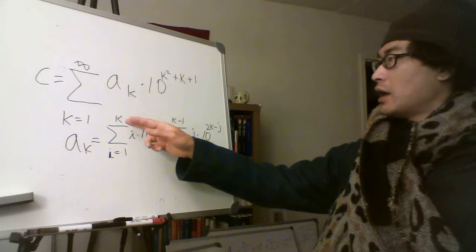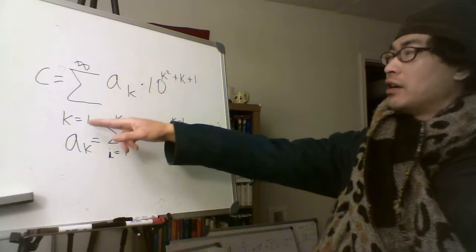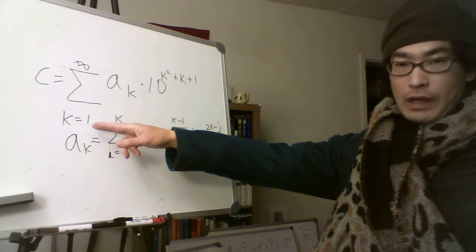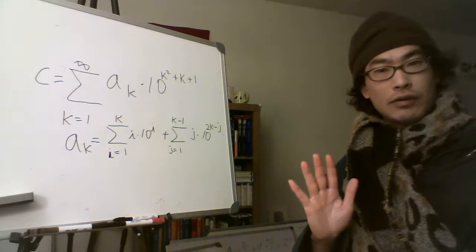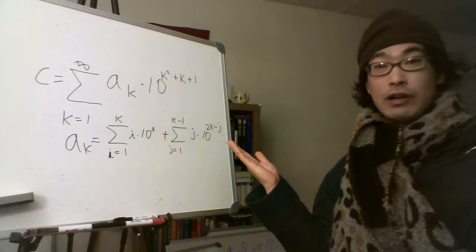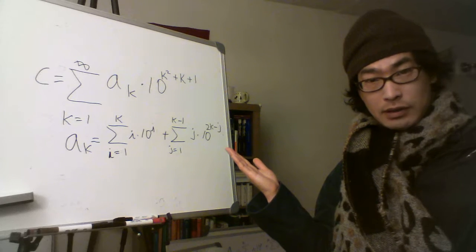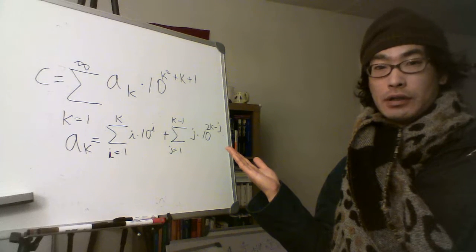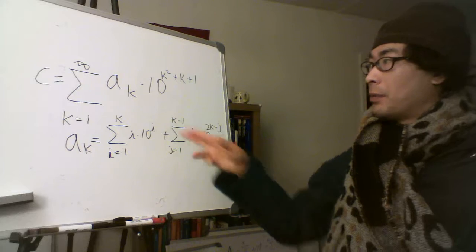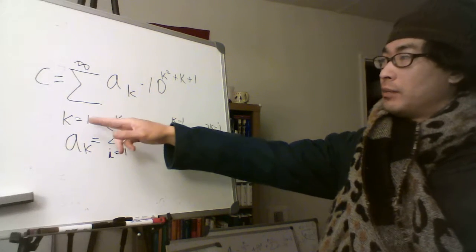So we treat k as a constant, but up here k actually is a variable. I know it's kind of confusing unless you are very good at mathematics already. If you're new to mathematics, it may be confusing. But up here k is a variable, because k is down there.